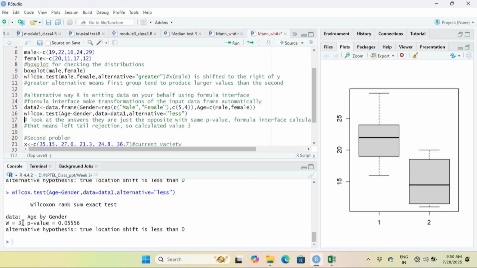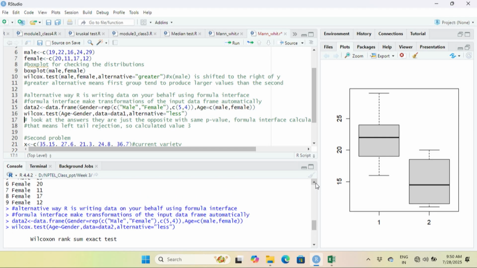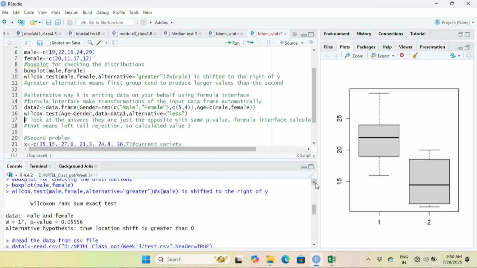W is equal to 3 and the p-value. Look at the p-value, it is very interesting. Earlier, when you incorporated your observations manually, what did you get? You obtained, let me get back, W equal to 17 and a p-value of 0.055.